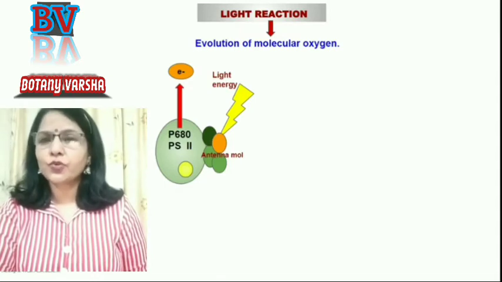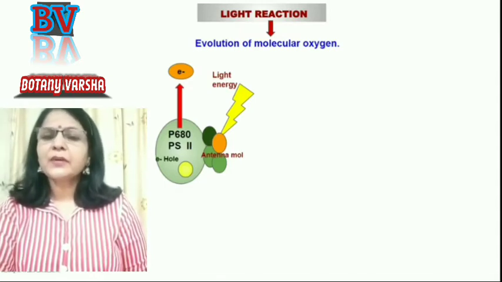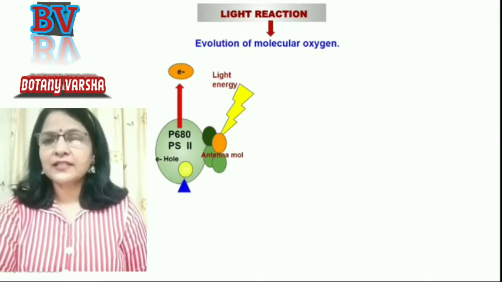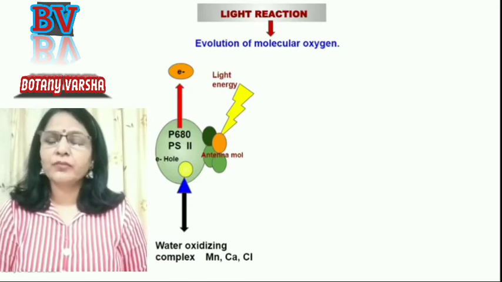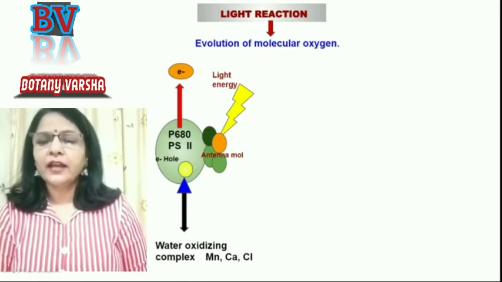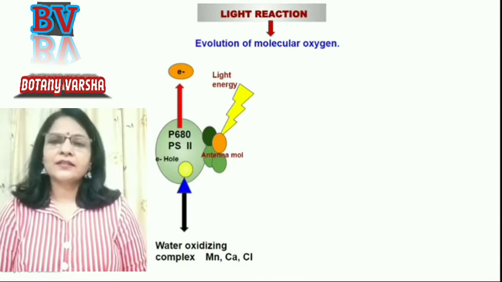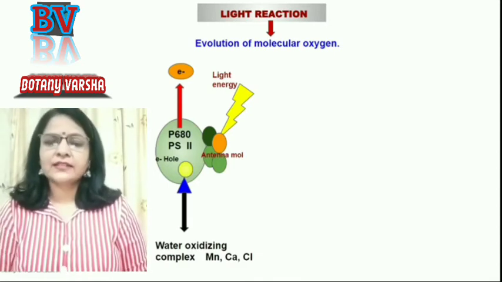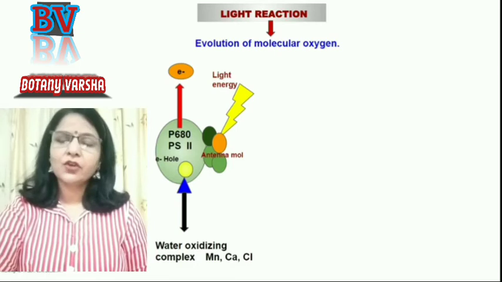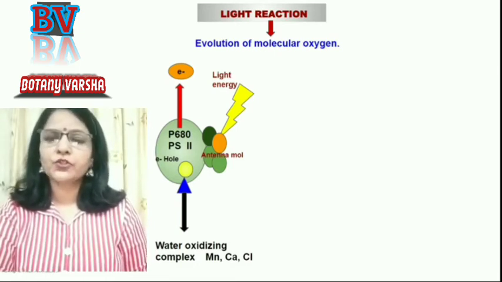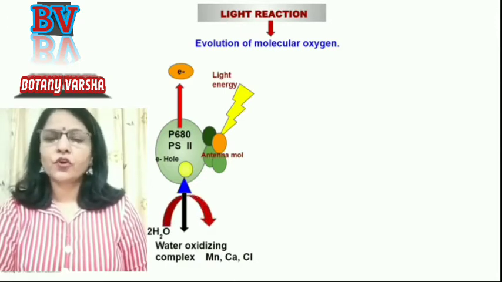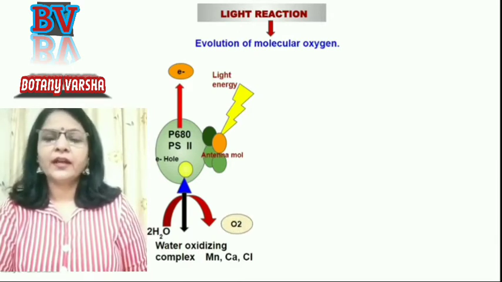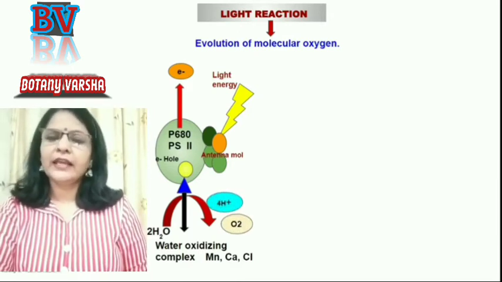This is the electron hole, and some oxidizing enzymes, some water oxidizing complexes in which manganese, calcium and chlorine act as cofactors, photooxidize two molecules of water. These two molecules of water break and produce molecular oxygen, protons and electrons.